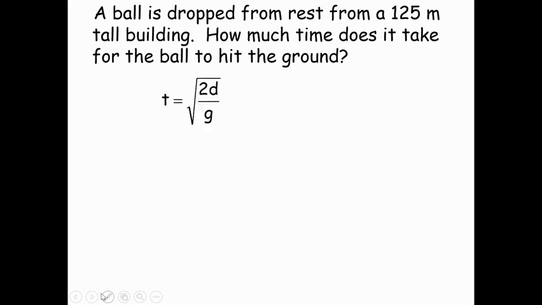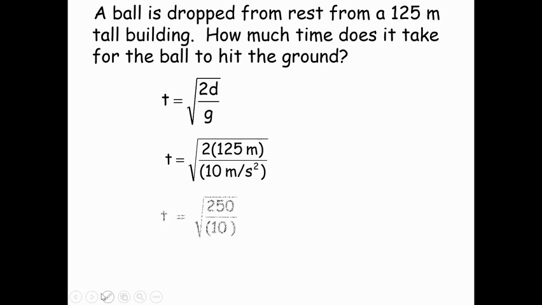For this problem, let's use the equation t equals the square root of 2d over g. When we plug in our values, notice that everything is underneath the square root sign. So under the square root, we have 2 times 125 meters divided by 10 meters per second squared. Mathematically, you want to do all of the math under the square root sign before you take the square root of the number.